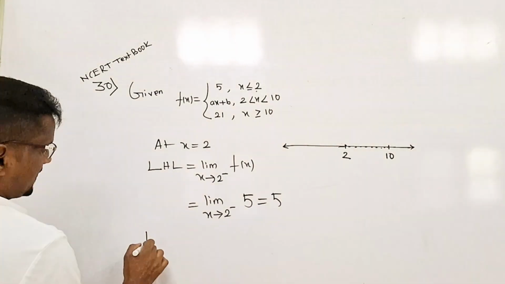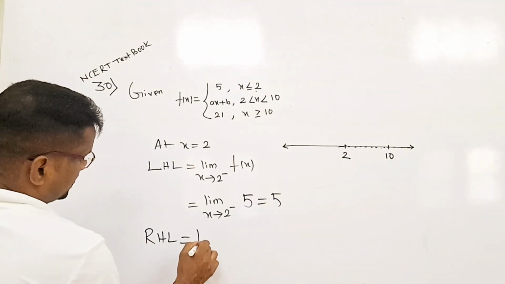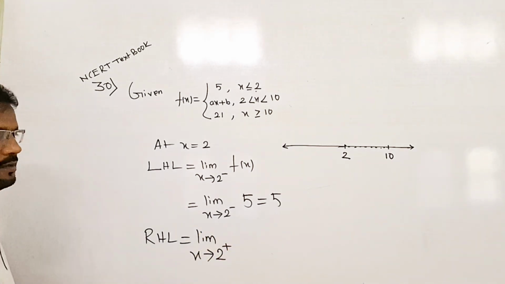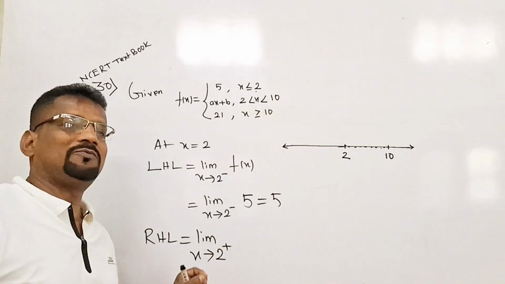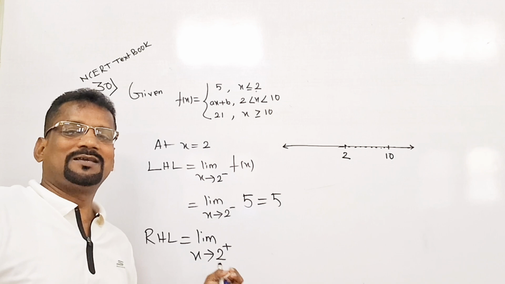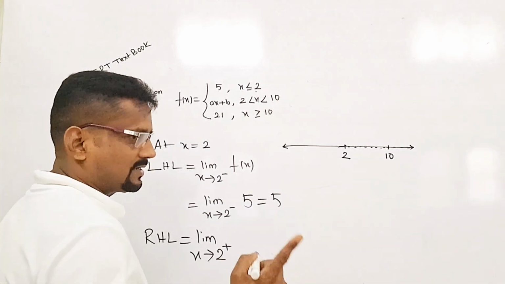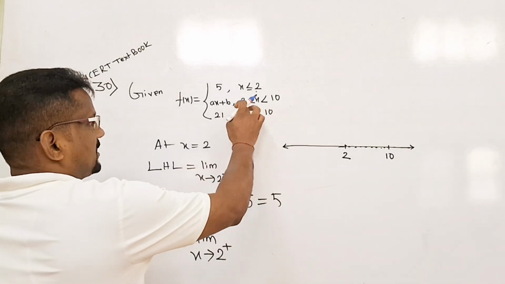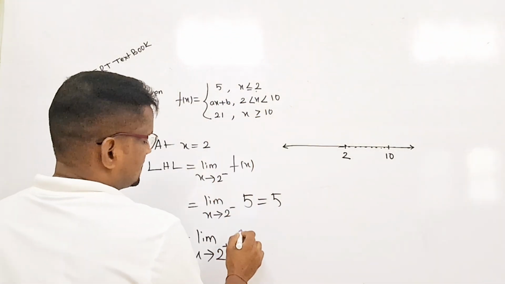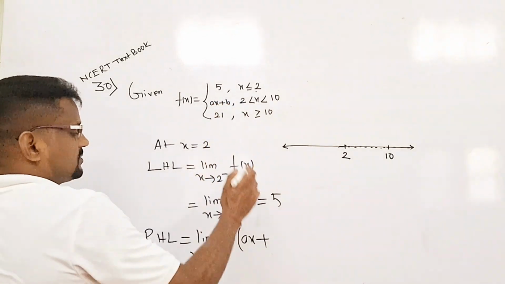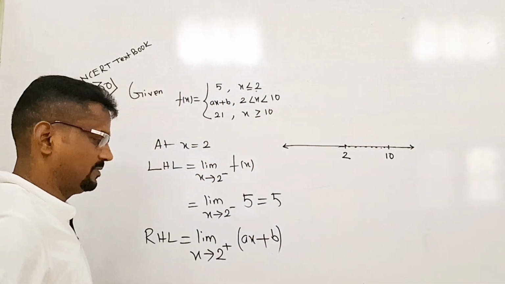Now the right hand limit equals limit x tends to 2 positive. The plus sign at the top right corner means x approaches 2 from the right side. So that means x is greater than 2. When x is greater than 2, the value becomes ax plus b.